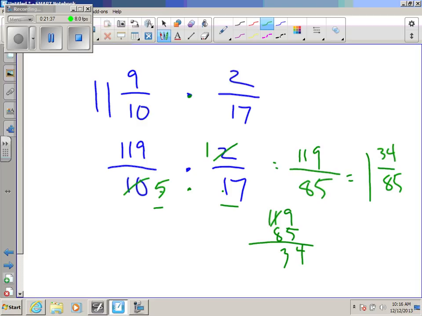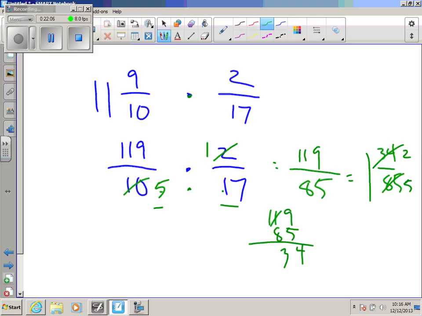Divide it by 2 for me once and tell me what you get. You get 17. 17 times 2 is 34. 17 times 5 is 85. So it's 1 2/5. No, they're both divisible by 17.